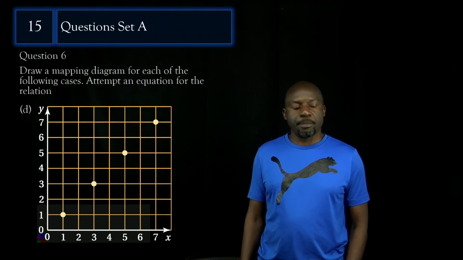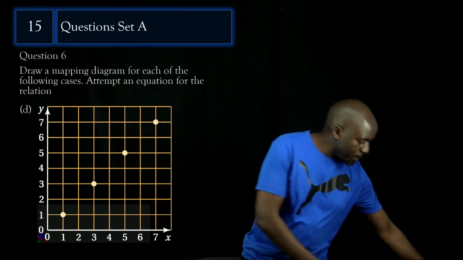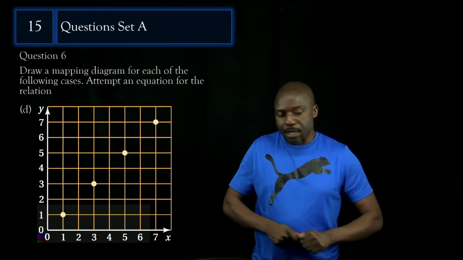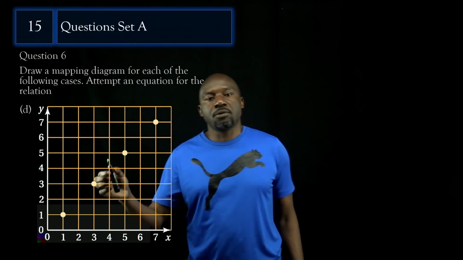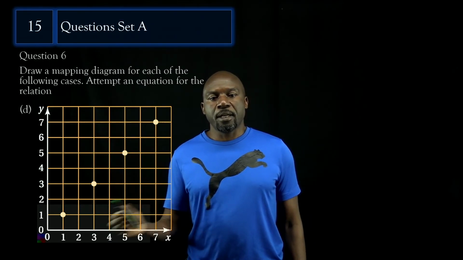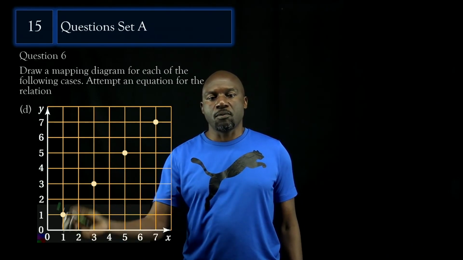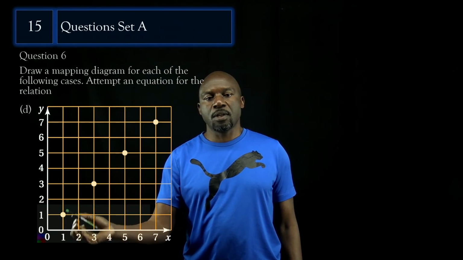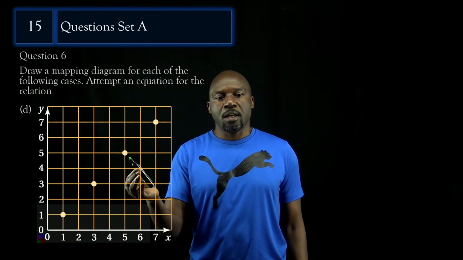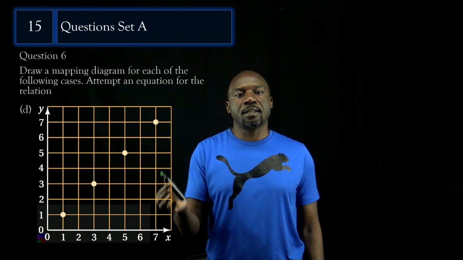If we are going to do a mapping, the best thing to start with is to write the ordered pairs. So you can see there (1, 1), (3, 3), (5, 5), and (7, 7).